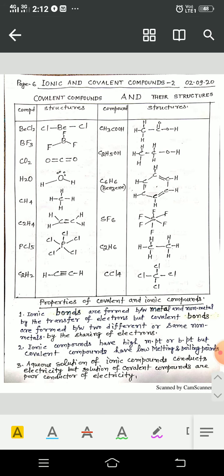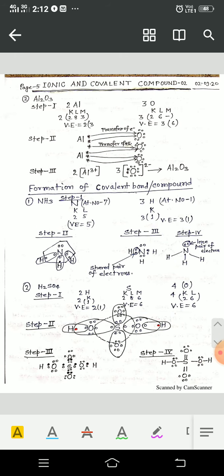Now on page number 6, these are the structures of some covalent compounds, because when you show the sharing of electrons like on page number 5, in which side do we have to put the atoms around the central atom, means the atom which is alone, and the side atoms which are around the central atom.